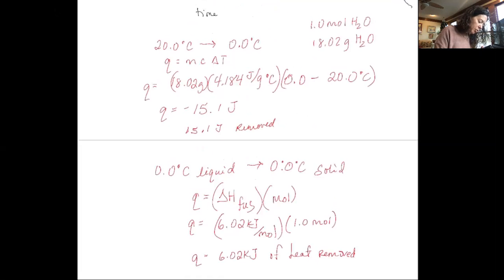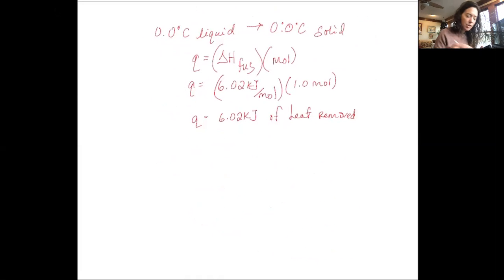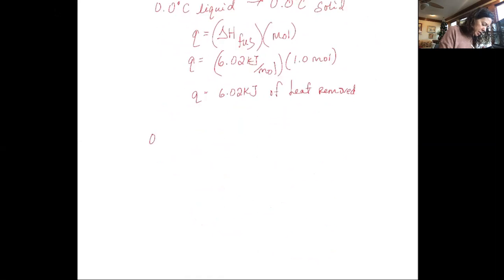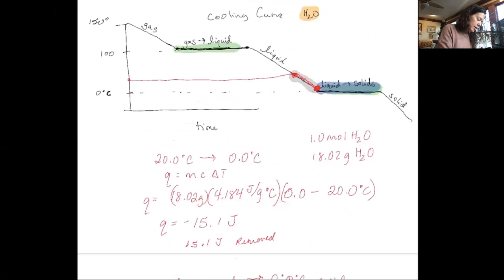Now recall in the problem, we needed to get to -2. So now what we're going to need to do is go from 0 degrees Celsius as the solid, right? Let's look at our chart. Now we need to take this down just a little bit to get over to like -2.